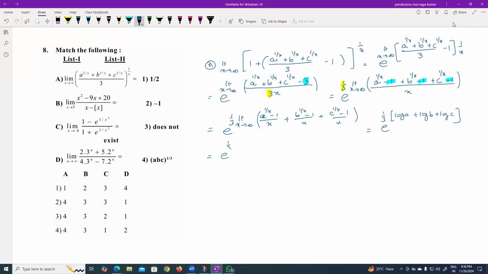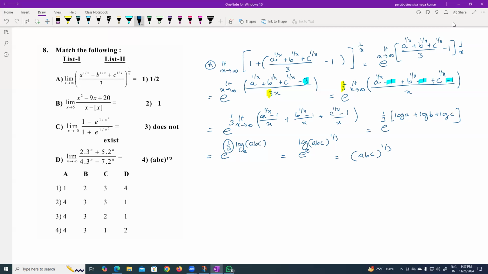And you know how to combine logarithm addition, so you can make it a product, log of abc. And remember, the logarithm base is also e. And you can make this 1 by 3 a whole power. So therefore, e power log abc whole power 1 by 3, base e. So you know that the answer is abc whole power 1 by 3.